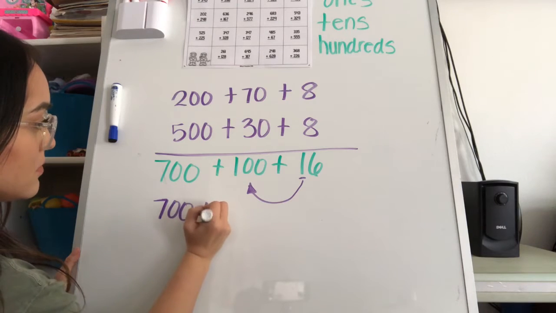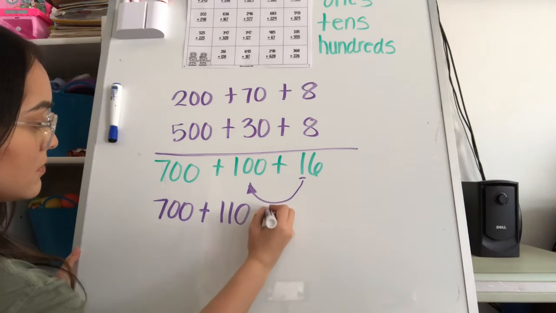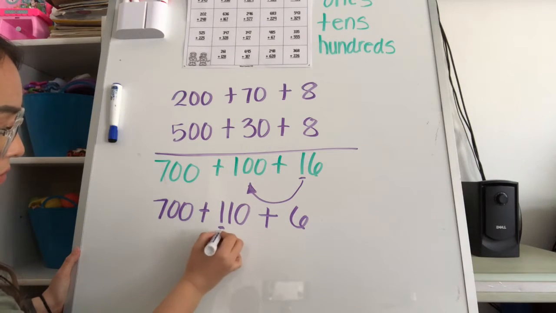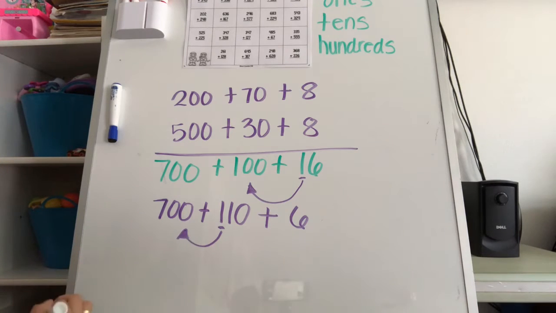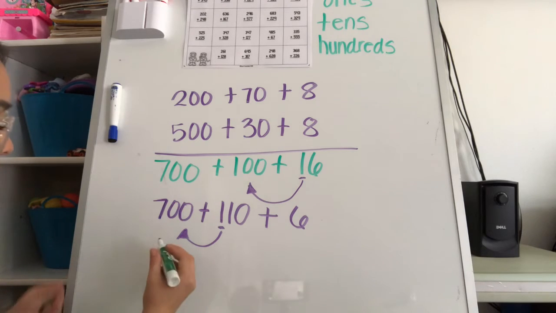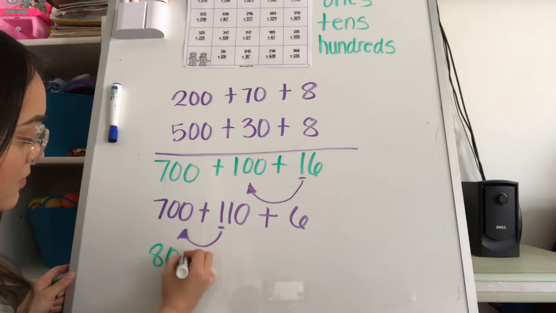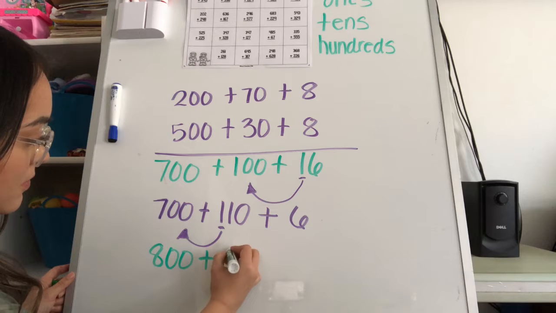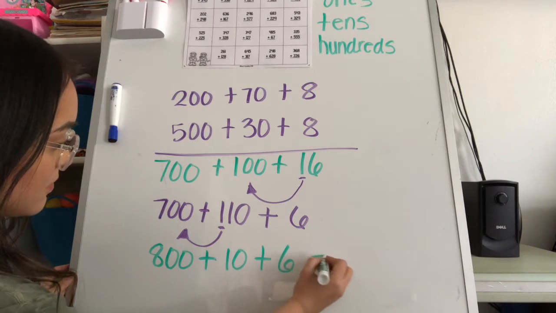We still have 700, but now we have 100 plus 10, which gives us 110. And we have 6 ones. We got to do the same thing to the tens place. We have 110 in the tens place, which means we can move 100 over to the hundreds place. So now we have 800 plus 10 plus 6 ones.